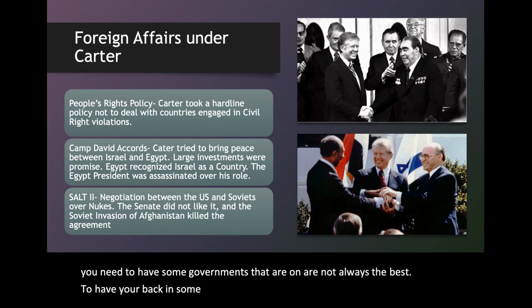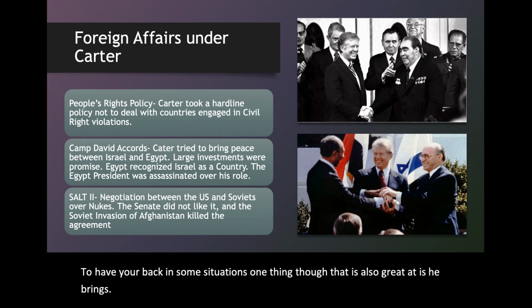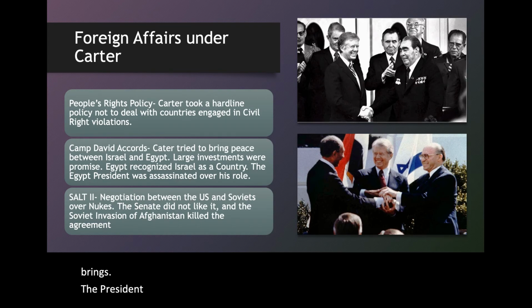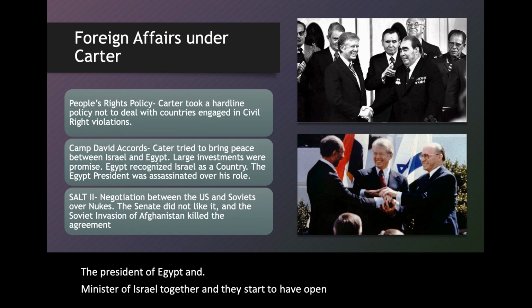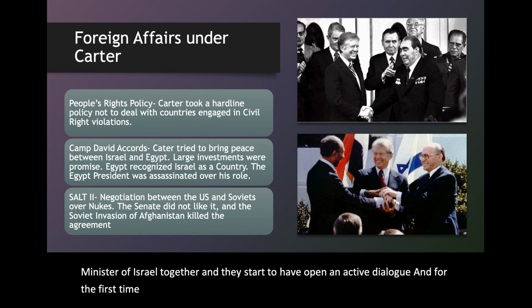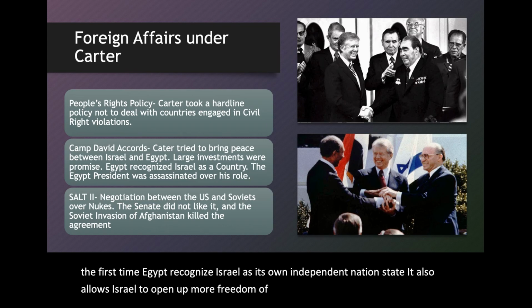One thing, though, that he's also great at is he brings the president of Egypt and the prime minister of Israel together, and they start to have open and active dialogue. And for the first time, Egypt recognizes Israel as its own independent nation state. It also allows Israel to open up more freedom of government of the Palestinians.